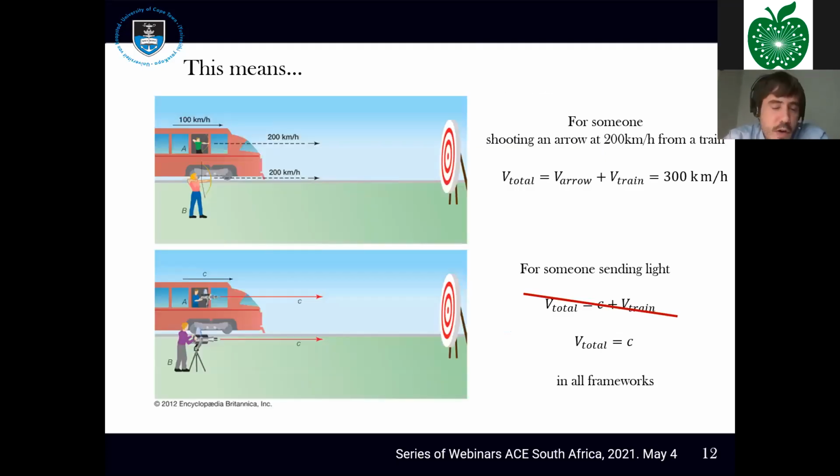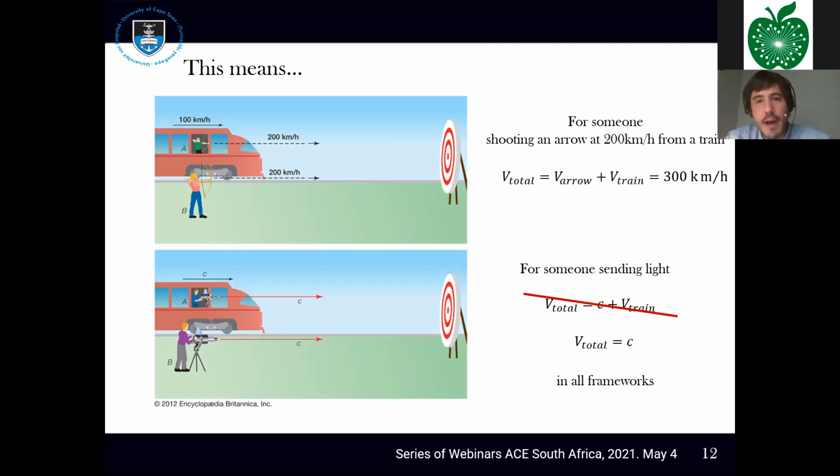Okay, so let's imagine we have two situations. In the first situation, let's imagine we have an archer that is shooting an arrow at 200 kilometers per hour, and that archer is inside a train at 100 kilometers per hour. So for someone that is looking at the arrow from outside, the total velocity of the arrow will be just the addition of the velocity of the arrow measured by the observer plus the velocity of the train.